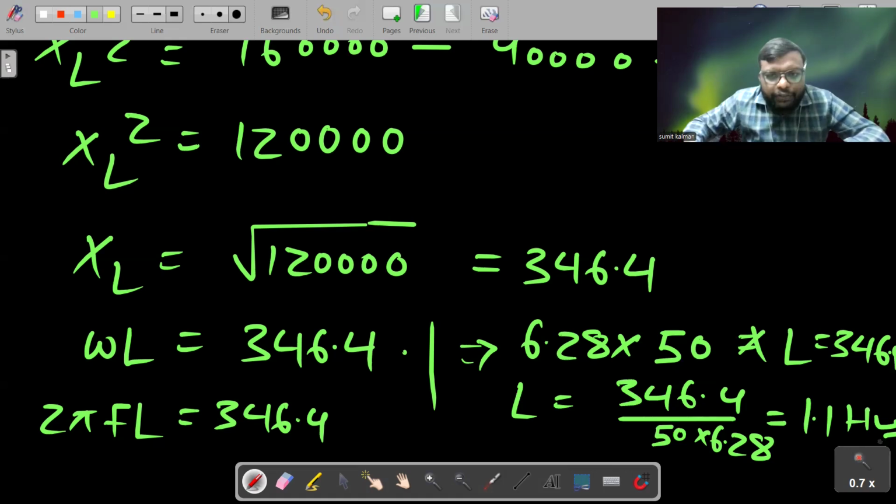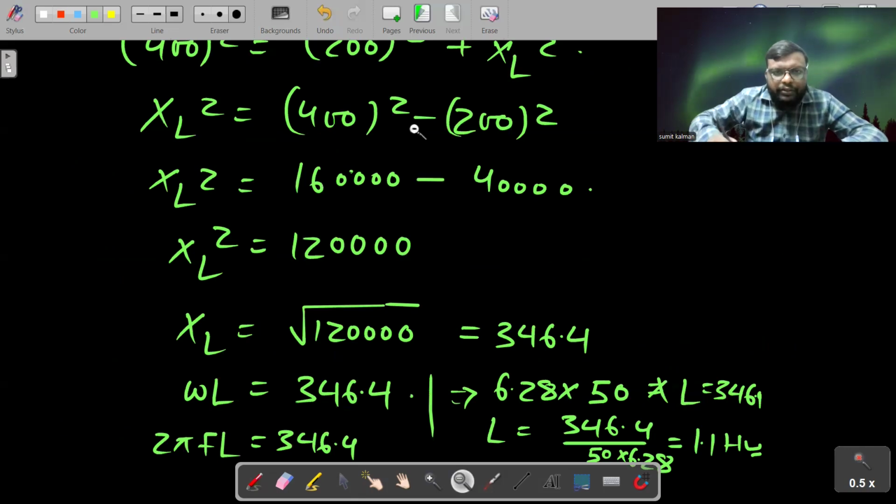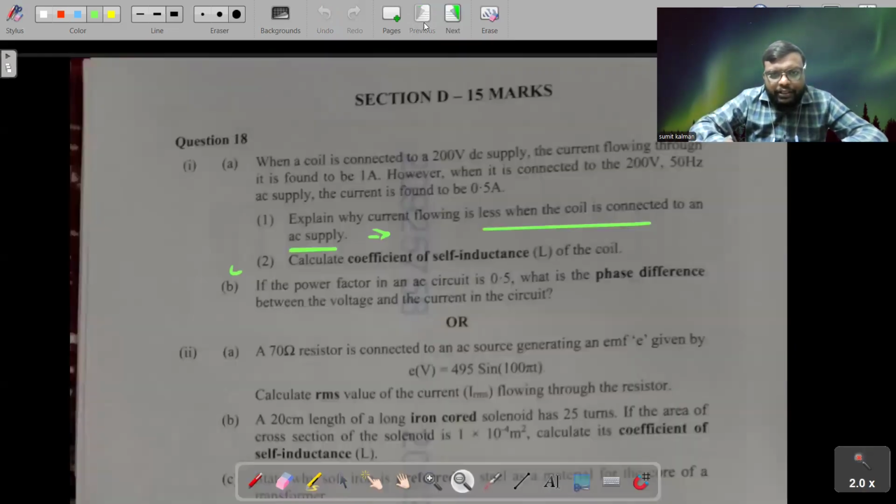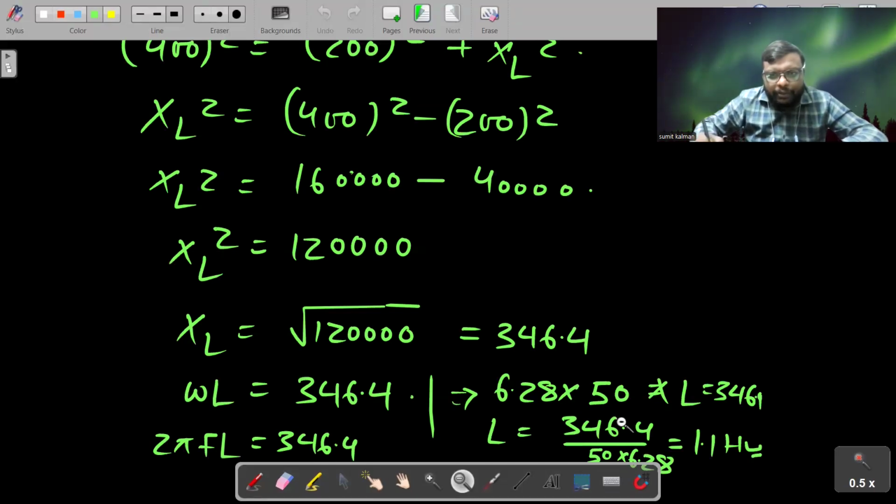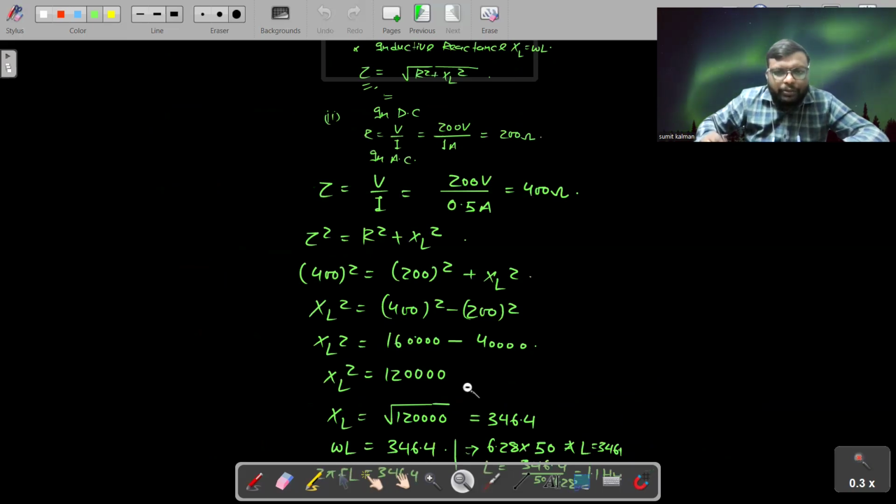So this is the coefficient of self inductance. This we have to calculate in this problem, and we have calculated, and it is coming out to be 1.1 Henry. Students, this was the solution of this problem.